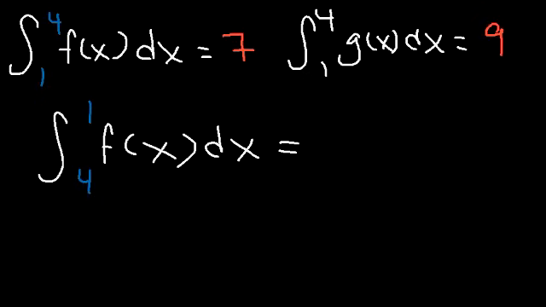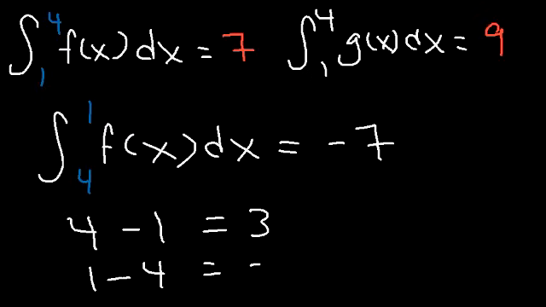What's going to happen if we reverse the numbers? If you reverse them, it's no longer going to be positive 7, but it's going to be negative 7. For instance, 4 minus 1 is 3, but 1 minus 4 is negative 3. So the only thing that happens is the sign is going to change.